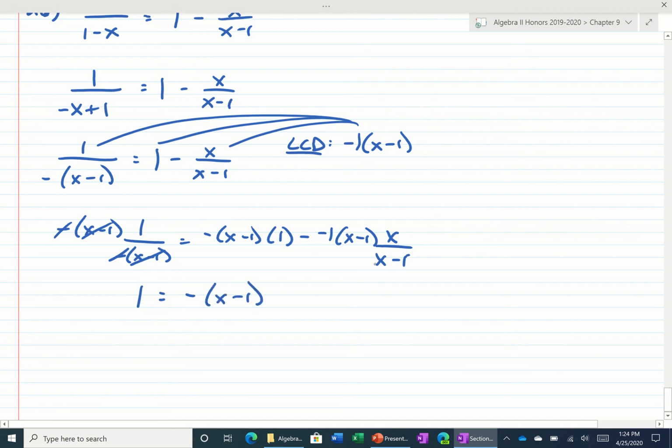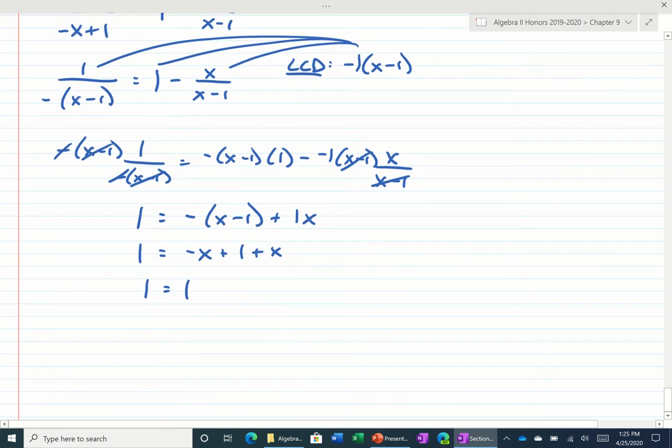We'll do that in a minute. X minus 1's cancel. Plus 1 times x. And it looks like we just get 1 is equal to 1. So for problem number 26, it gives kind of a weird answer. The answer looks like this.